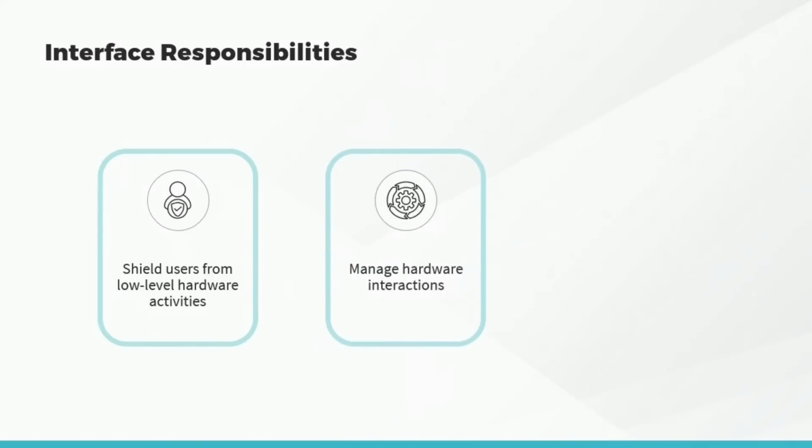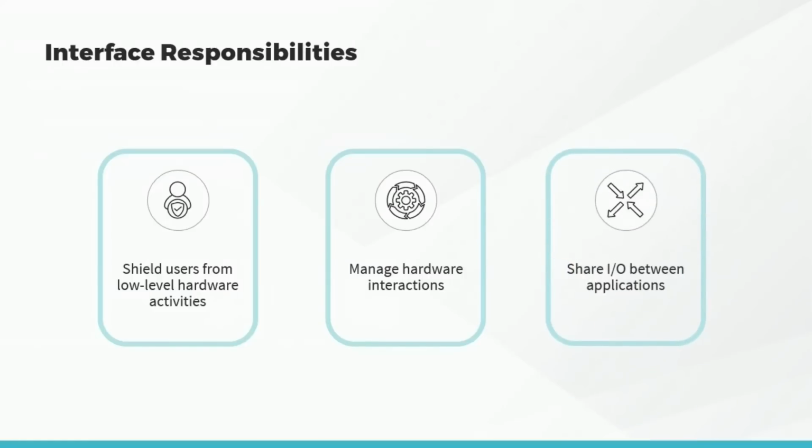The interface manages all interactions, and the applications simply wait for the responses to their requests, which in turn means that they can share input-output between all applications that are running, which in simpler terms means that we can run multiple applications at the same time, or what is known as multitasking.